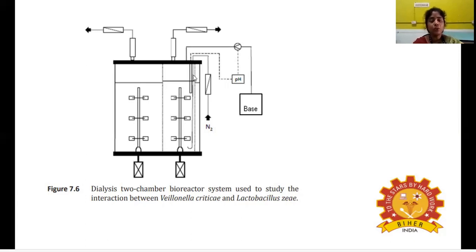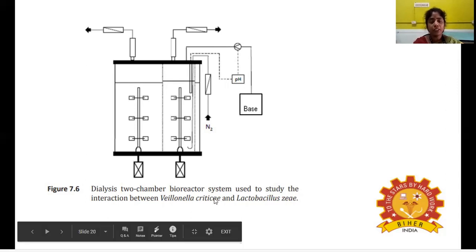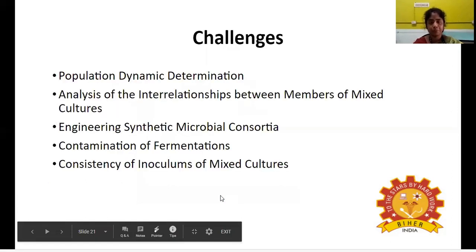It is used to study how this interaction takes place. Without mixing, we fill the culture in one compartment and in the next chamber, so that how the purification takes place can be studied with this dialysis two-chamber bioreactor system.